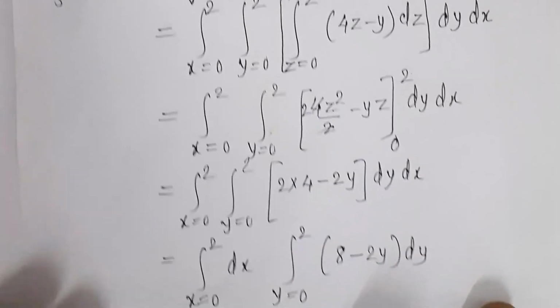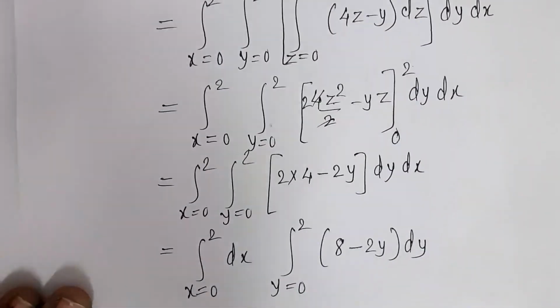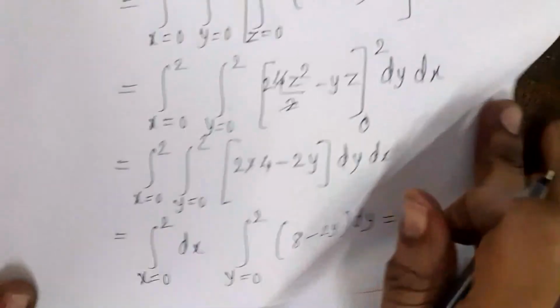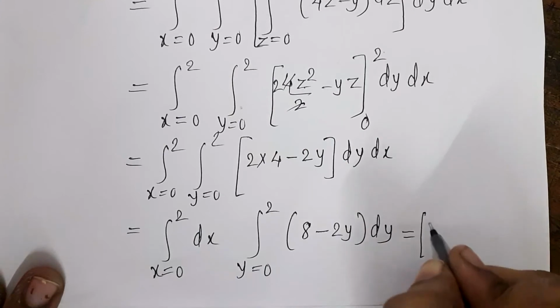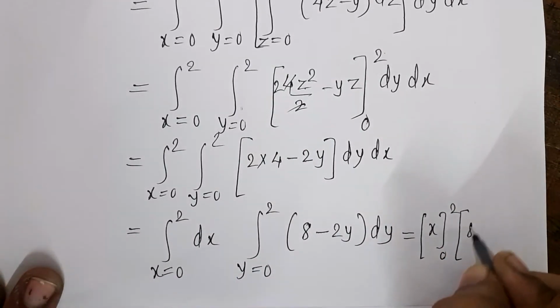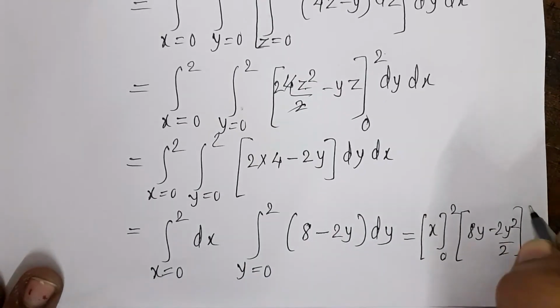Now separate it and integrate it. The integration of dx is x over 0 to 2, and the integration of 8 minus 2y is 8y minus 2y square by 2 over the limit 0 to 2.